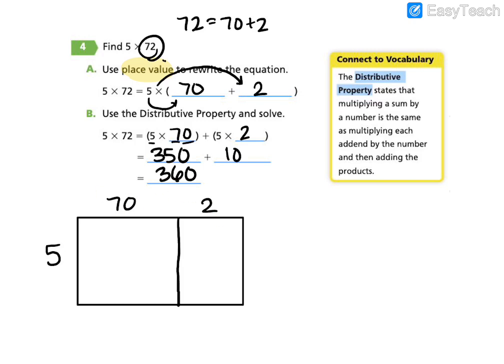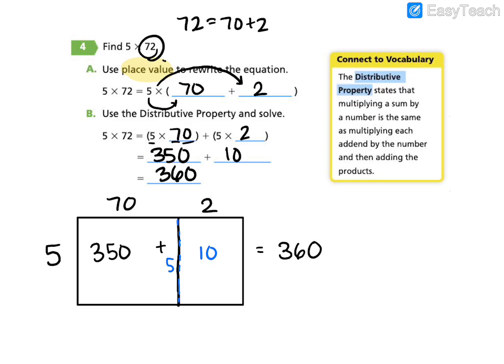We're still multiplying each of these numbers by 5, right? Because if I imagine this line here, it's still equal to 5. So my first partial product still is 350. My second partial product is 10. And when I add up both partial products, I get my end product of 360.